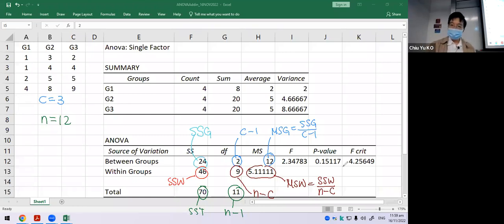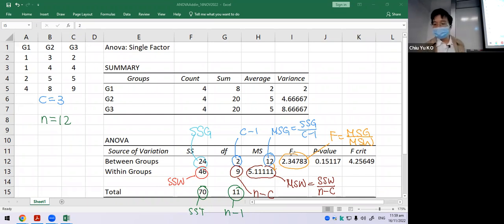Then the next step would be to look at F. F is the same as what we taught in class. It's MSG over MSW. So it's just this over this, 12 over 5.11.